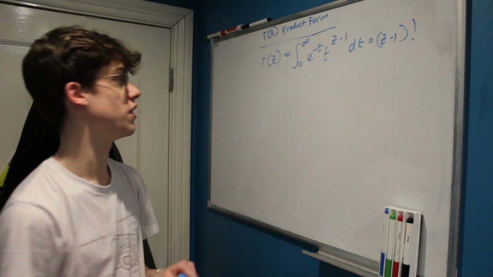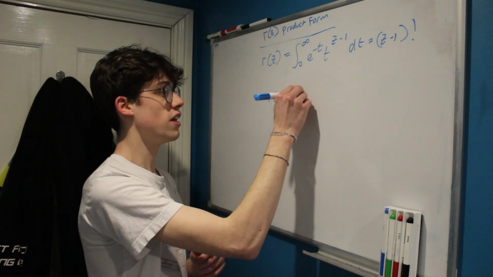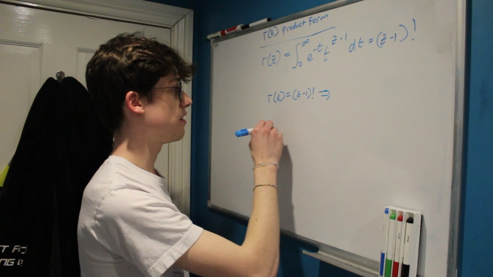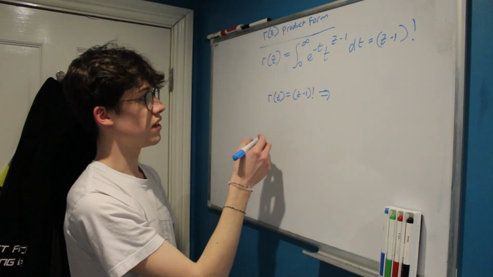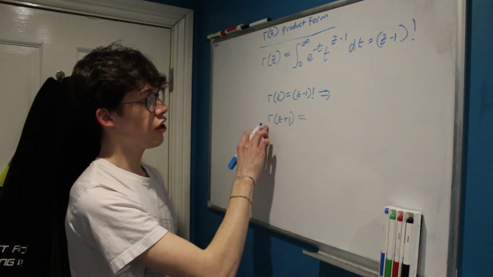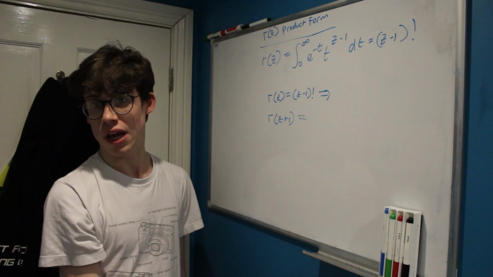It gives us a few interesting properties. So knowing that gamma of z is equal to z minus 1 factorial means that if we wanted to find another way of writing gamma of z plus 1, let's think about what gamma of z plus 1 means.